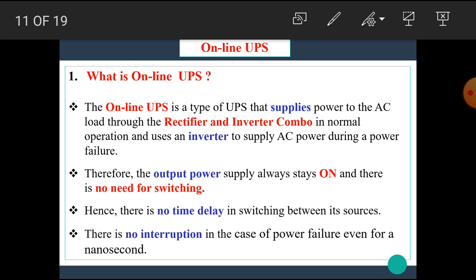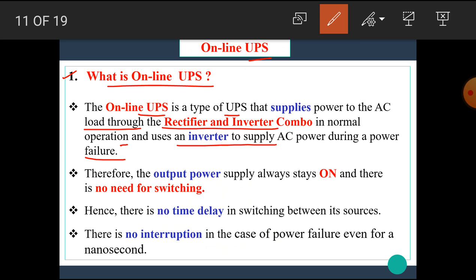Now let's see the next type of UPS. What is an online UPS? The online UPS is a type of UPS that supplies power to the AC load through a rectifier and inverter combo in normal operation and uses the inverter to supply AC power during a power failure. Therefore, the output power supply always stays on and there is no need of switching.